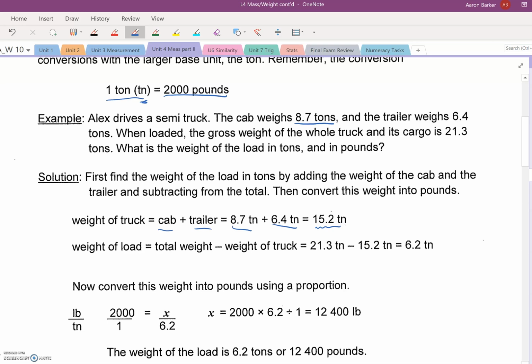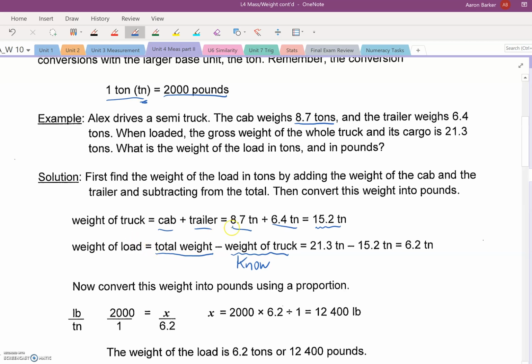Now when you have the weight of the load, what you have to do is subtract. You have to get the total weight, so the truck drives onto the scale, and then you subtract the weight of just the truck, which is of course the cab and the trailer. This is what's known, because everything that they produce, the trucks, they have their weight on there, and so do the trailers.